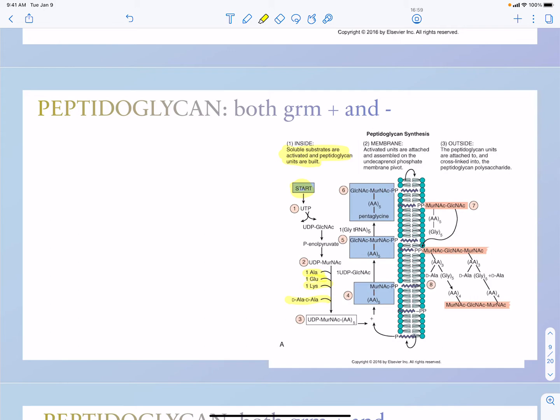And then these are going to be building blocks for the peptidoglycan. The peptidoglycan is actually on the outside here, with our pentapeptides, our 5 amino acids. And then these get cross-linked. So you're going to have cross-linking of different peptidoglycan structures on the outside of the bacterium. So here's the outside.